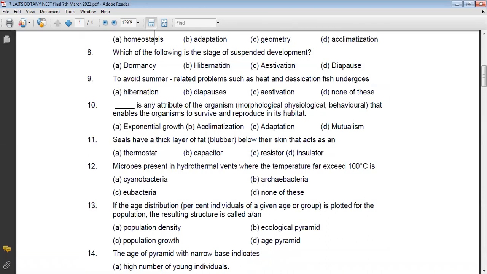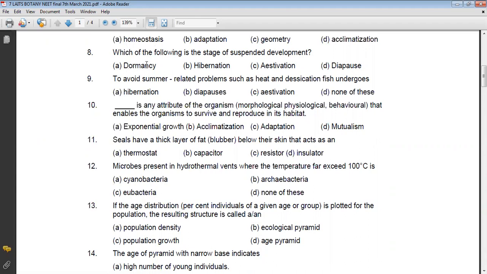Which of the following is the stage of suspended development? We have options like dormancy, hibernation, estivation and diapause. Hibernation is winter sleep, estivation is summer sleep. Dormancy is when seeds are produced but are not germinating in favorable condition.